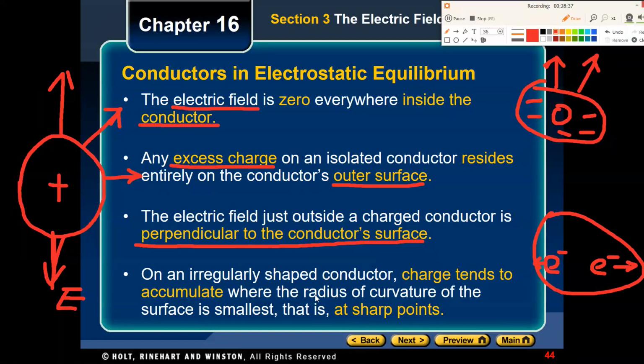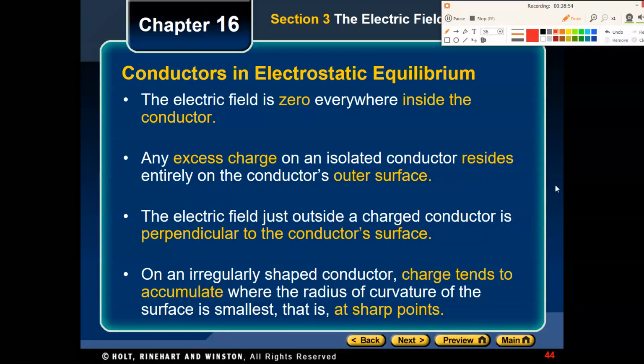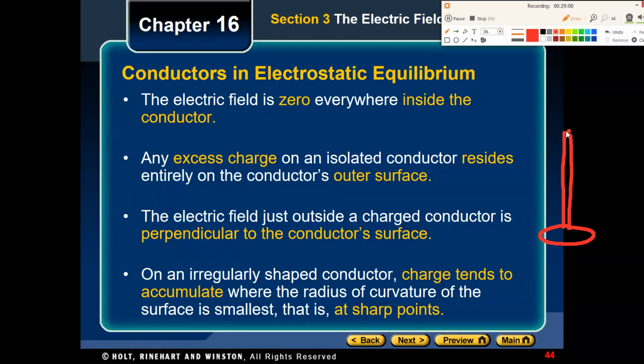And the last one is for an irregular shape of conductor, for example, a nail or something. Usually a nail has a sharp point, right? An irregular shape, like something like that.